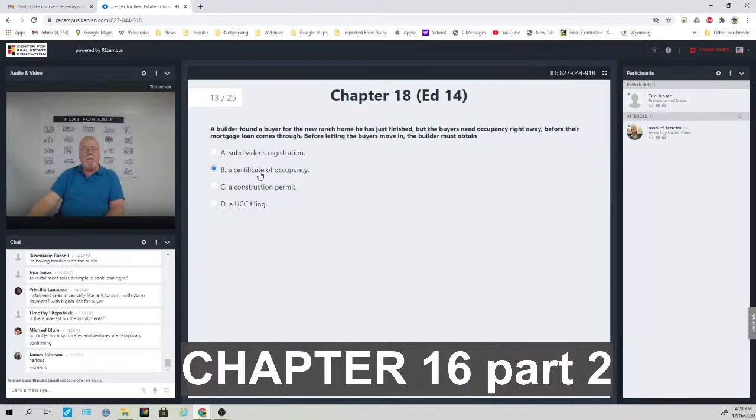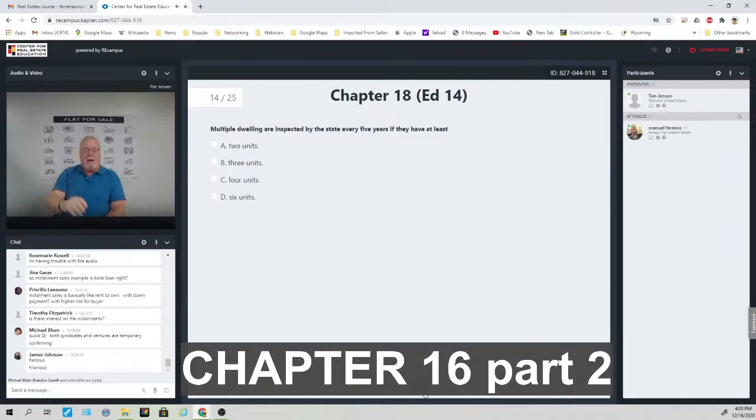Well done. Number 14, multiple dwellings are inspected by the state every 5 years if they have at least, and I brought this up in another chapter. It's in this chapter. I didn't reiterate it today, but how many units are required for the state inspection for every 5 years?